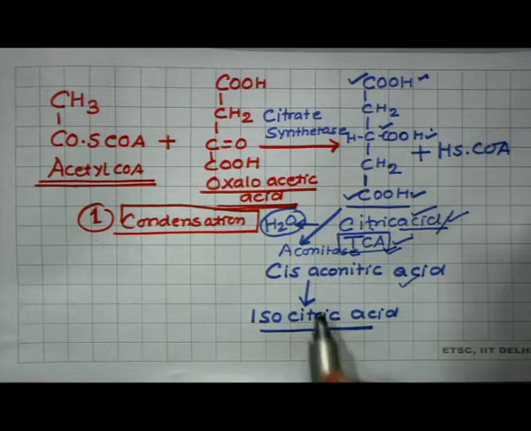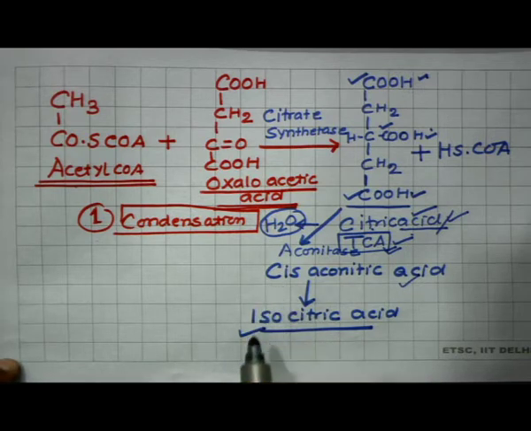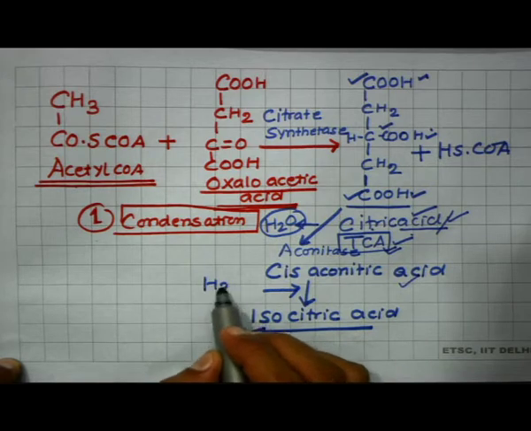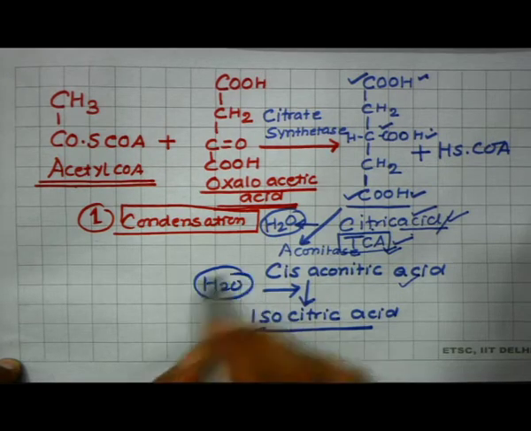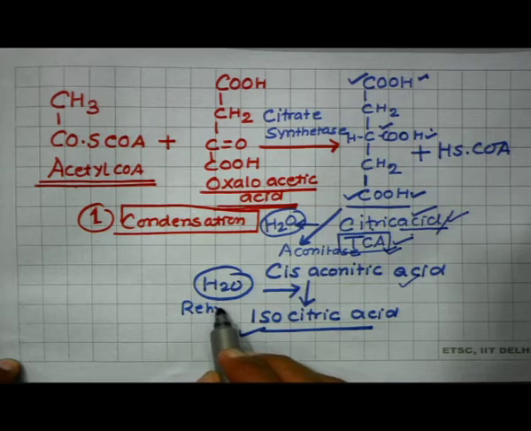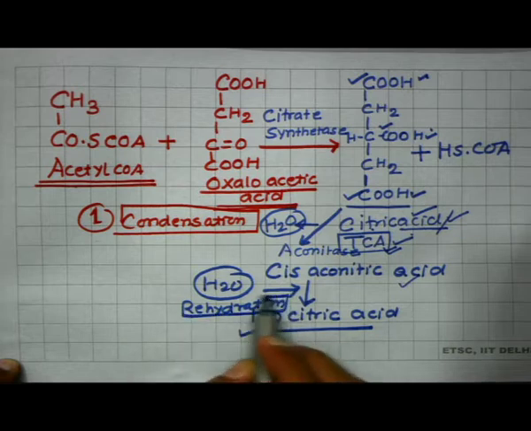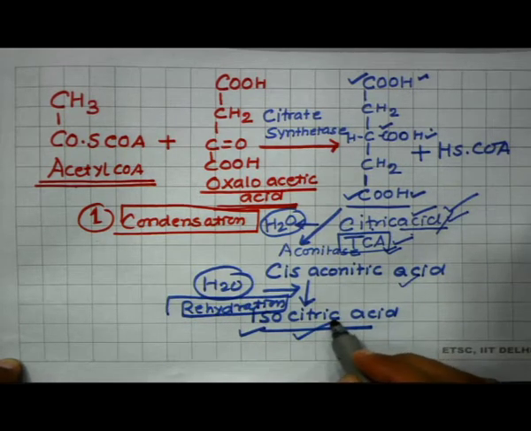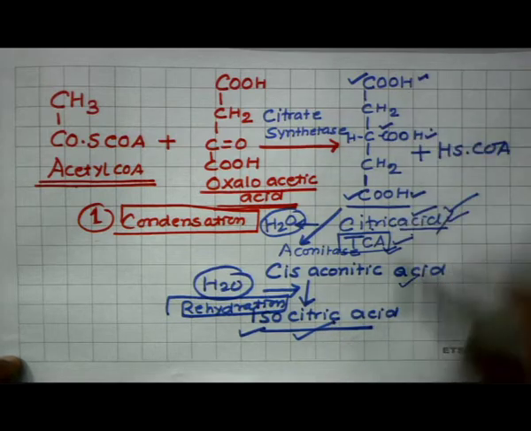After that, this cis-aconitic acid is converted into isocitric acid. It also requires a water molecule. So, this step is called rehydration. Here the citric acid is converted into isocitric acid, which has the same formula.